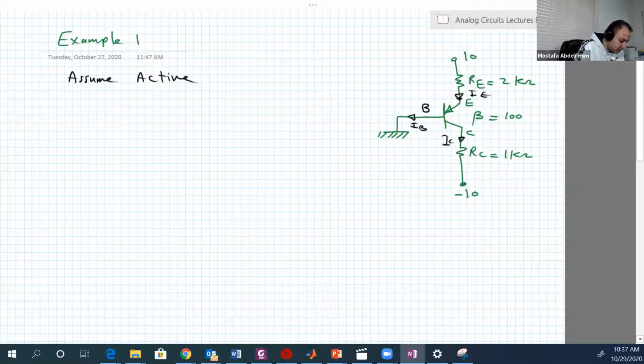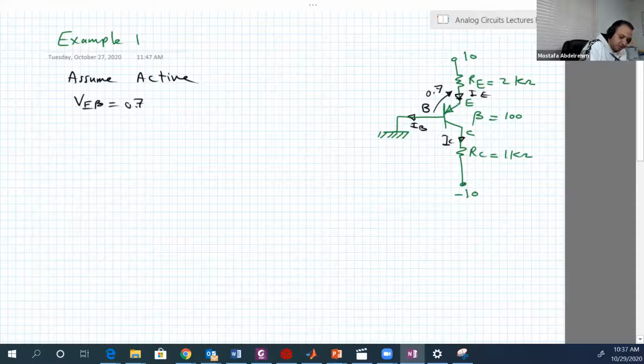In the active region, VEB is 0.7, so the direction is like this. Now ask yourself a question: is there a source that can give the emitter a higher voltage than the base?